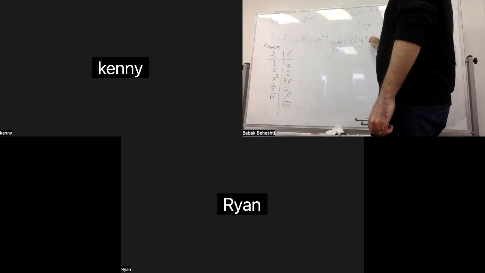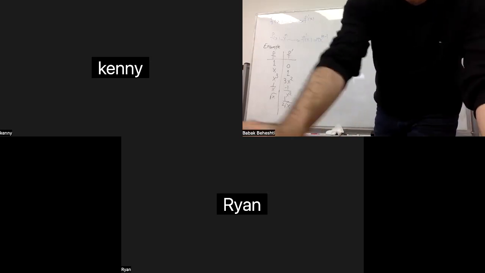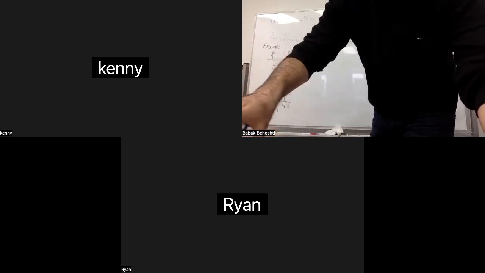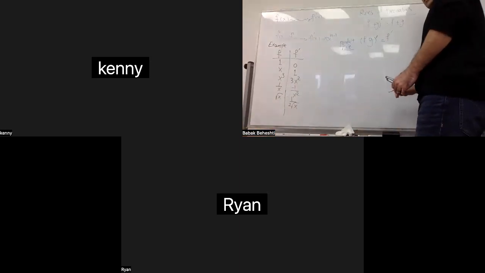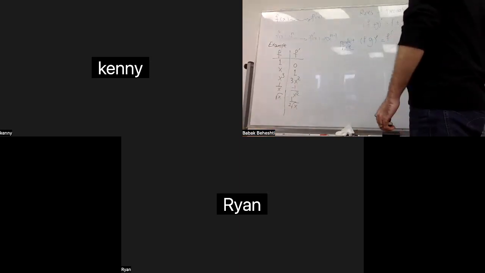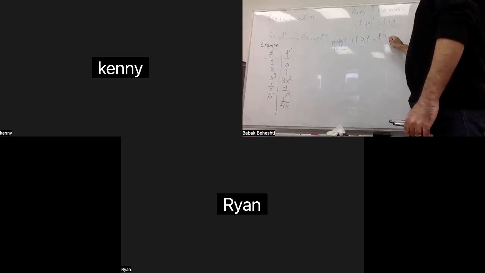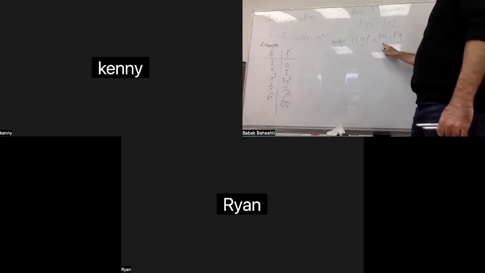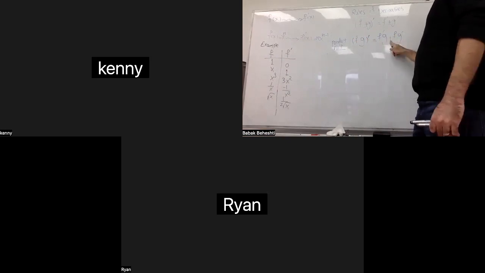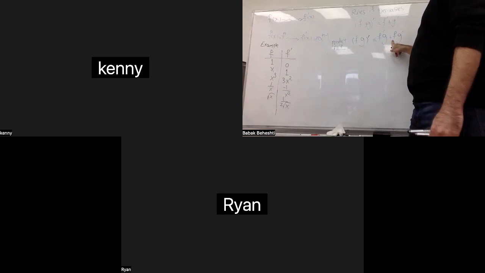So fg prime is equal to f prime times g plus f times g prime. So the derivative of the first function times the second function, plus the derivative of the second function times the first function.